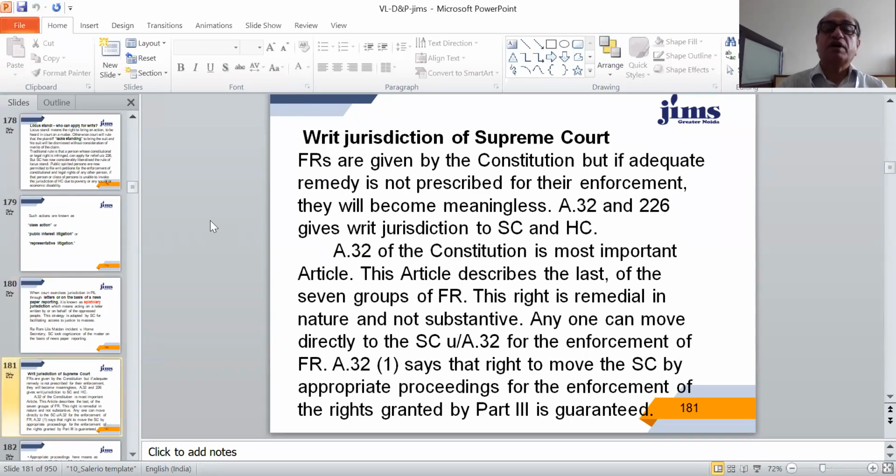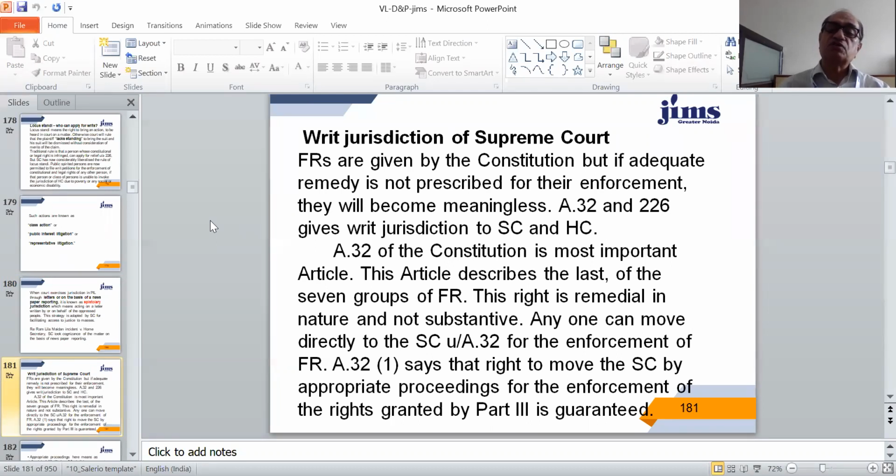Now, dear students, what is the writ jurisdiction of the Supreme Court? You see, fundamental rights are given by the Constitution, but if adequate remedy is not prescribed for their enforcement, they will become meaningless. Articles 32 and 226 give the writ jurisdiction to the Supreme Court and High Court respectively.